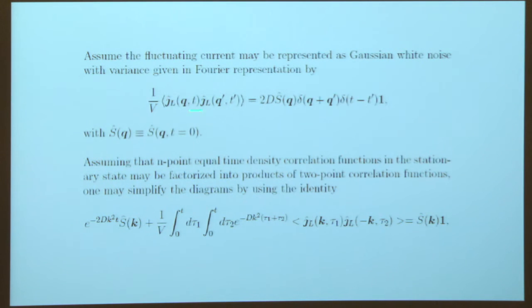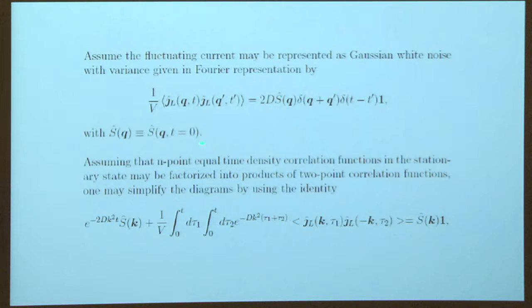The expectation value of the product of two of these currents will be a delta function of q plus q prime, so q prime has to be minus q, and a delta function of t minus t prime. This is still for arbitrary dimensions, so there is a d by d unit tensor, d being the dimension, and S(q) is the static correlation function at the initial time.